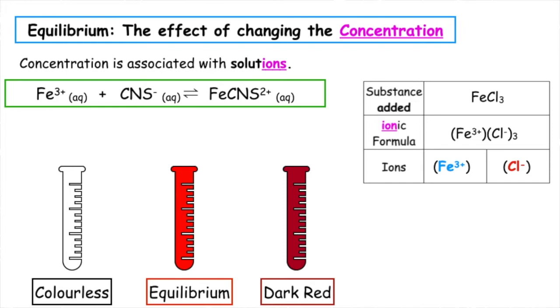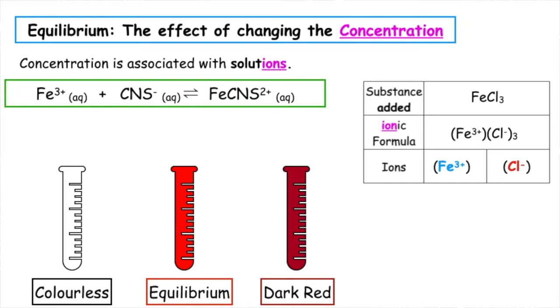If we take the iron ion first, we look to see if we have that in the equilibrium being provided in the question, which we do. So if we add to the reactant side, that means that it's going to change the position of the equilibrium and move it towards the right. Because if you've got more reactants, you can make more products. So the colour of the solution would change to a dark red.